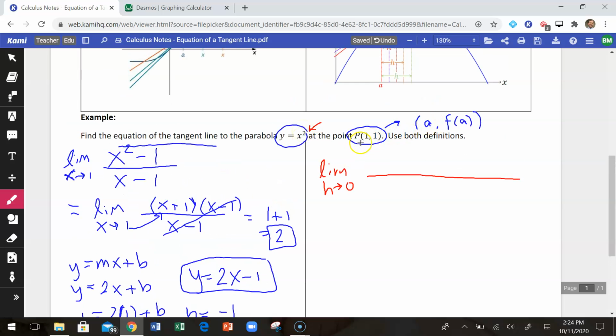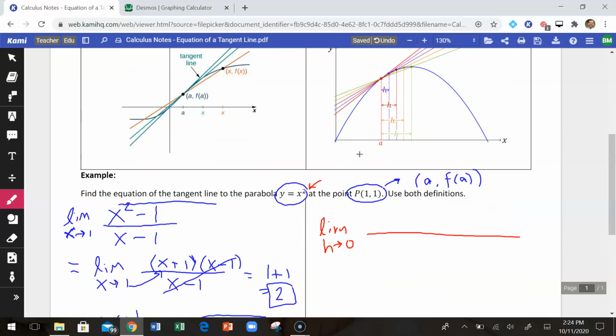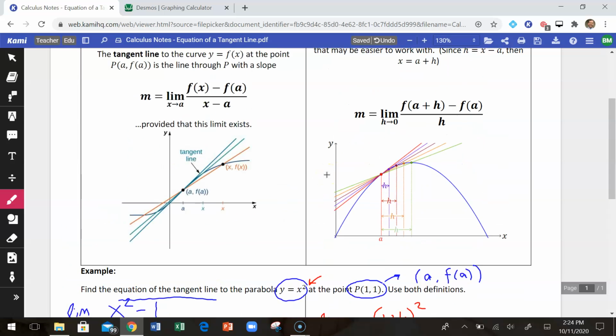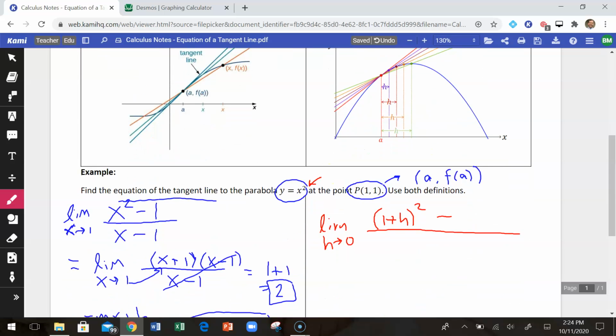Now again, a is 1 here, so I'm going to do 1 plus h squared. That is plugging in a plus h, where a is 1, into the function x squared, minus f of a. Well, f of a we know is 1, all over h.